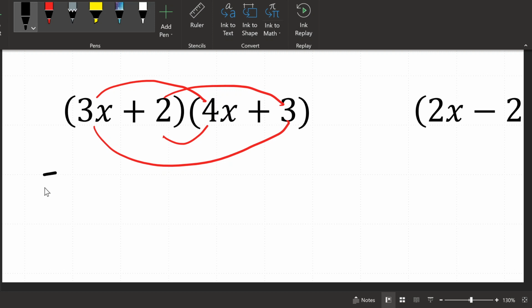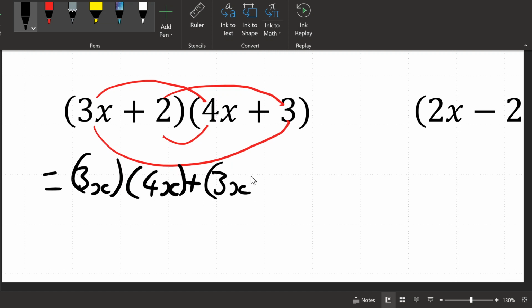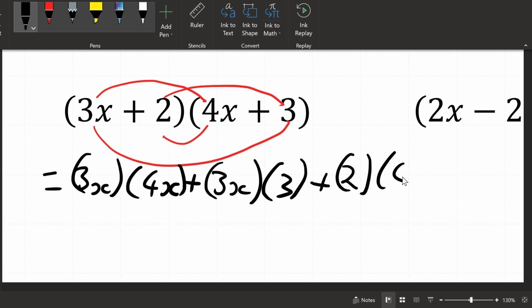Okay, so 3x multiplied by 4x, plus 3x multiplied by 3, plus 2 multiplied by 4x, plus 2 multiplied by 3.